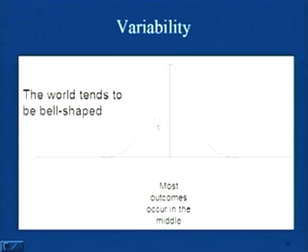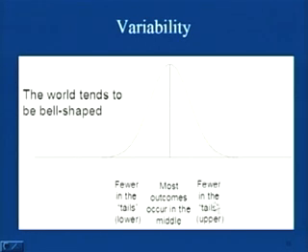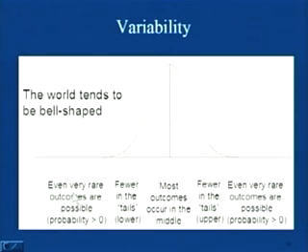Fewer outcomes come in the tails, some on the upper side and some on the lower side. There are some very rare outcomes as well. Even very rare outcomes are possible, with probability greater than 0, meaning it goes beyond the middle point on the positive side as well as the negative side.